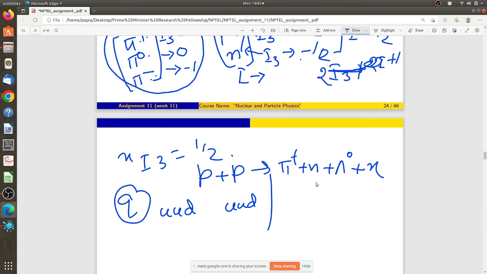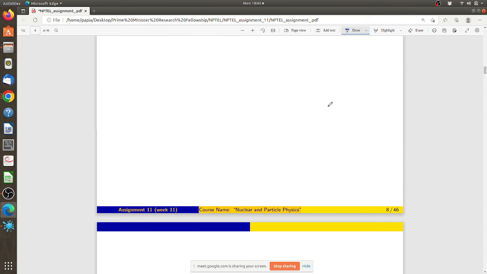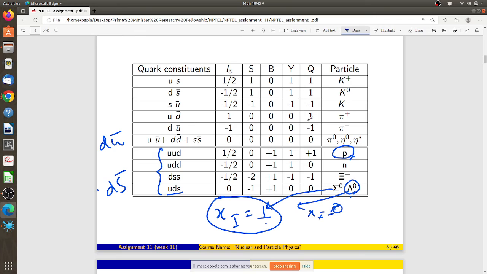Now coming to the pi plus, I have to see what is the pi plus. You have to remember this, okay? Pi plus is ud bar. And n I know, and lambda 0 also I know. So pi plus is ud bar.